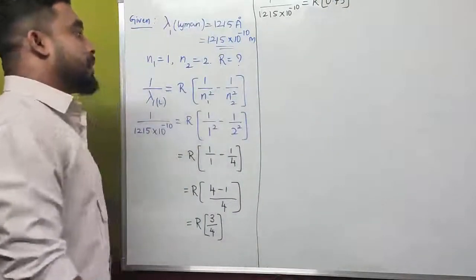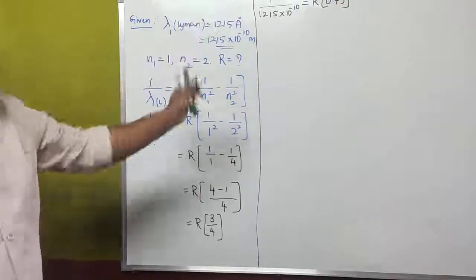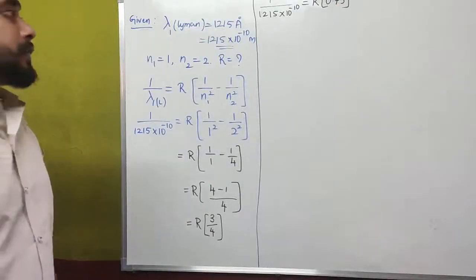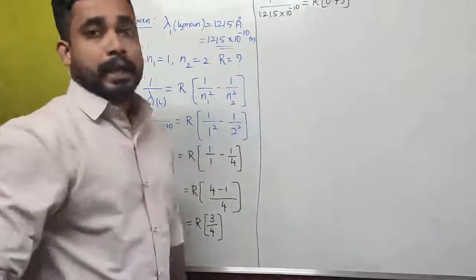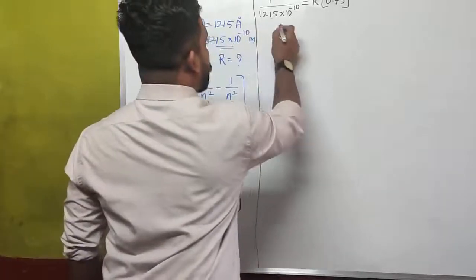Actually this is how we are calculating. If we send that 0.75 to the other side of the equation, what will it become? It will multiply with 1215.